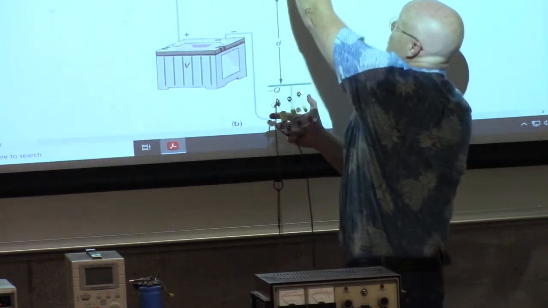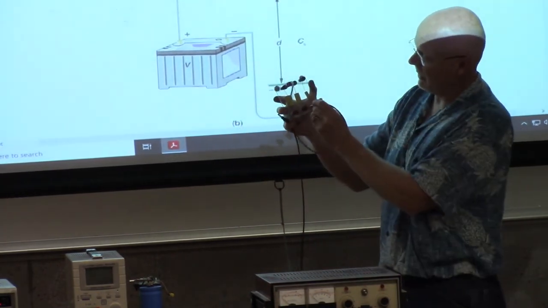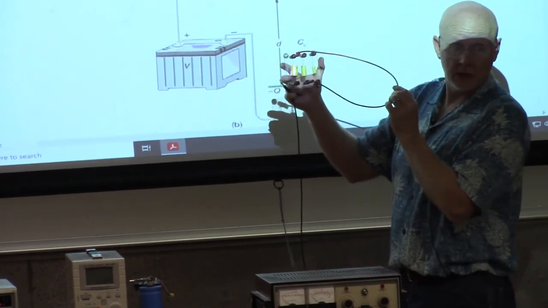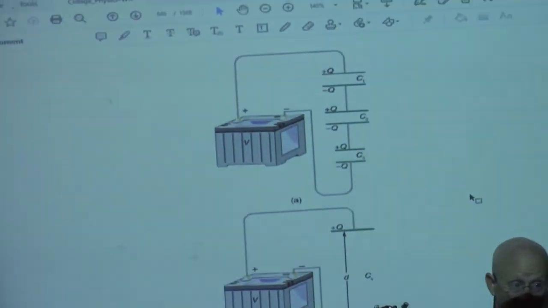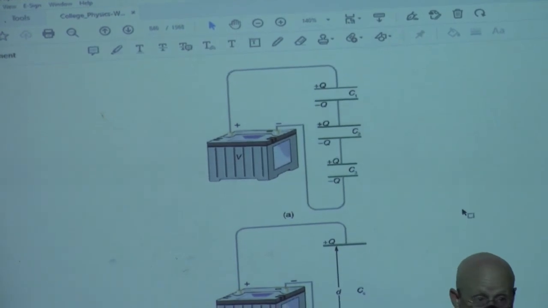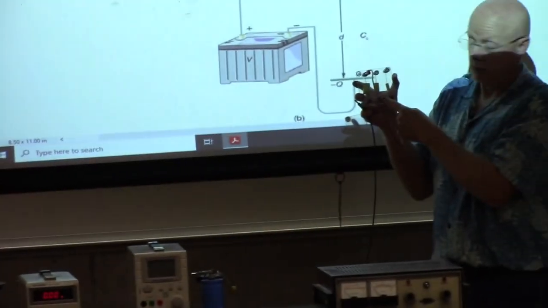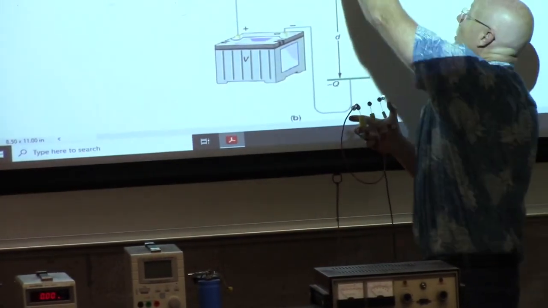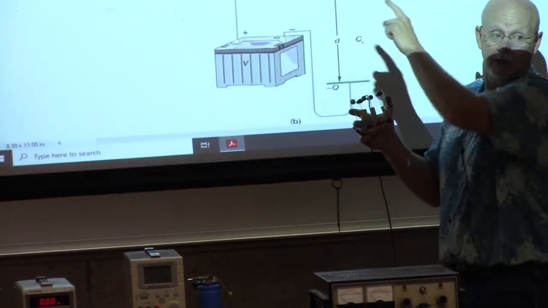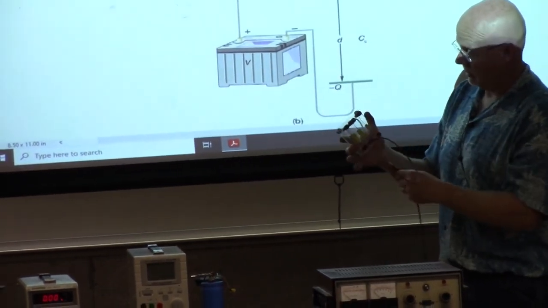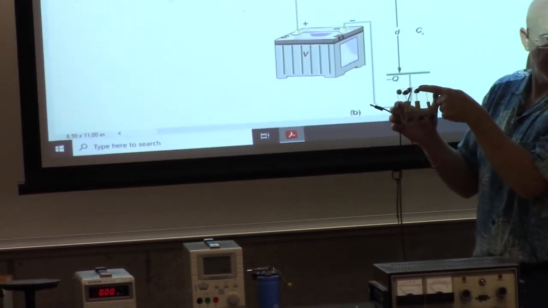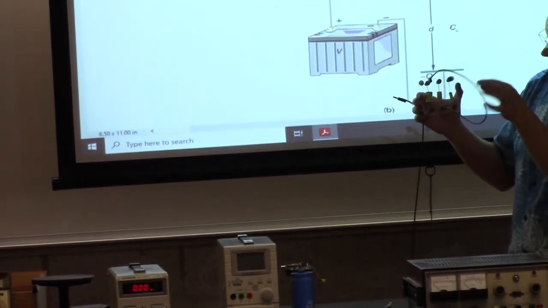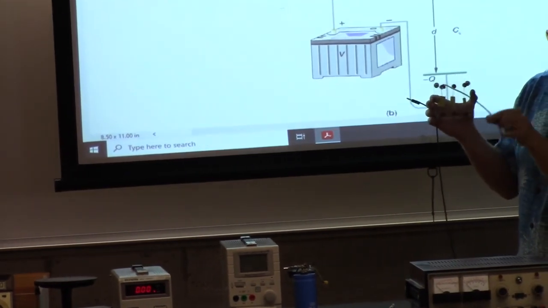Then this wire is supposed to go to capacitor number 2, so why don't I just connect it right there? Okay, so this wire has connected here to here. It has connected the top one of number 1 to the bottom of number 2. And then this right here would be that one. And so I would like to know what is the capacitance between here and here, because this has just connected them in series.